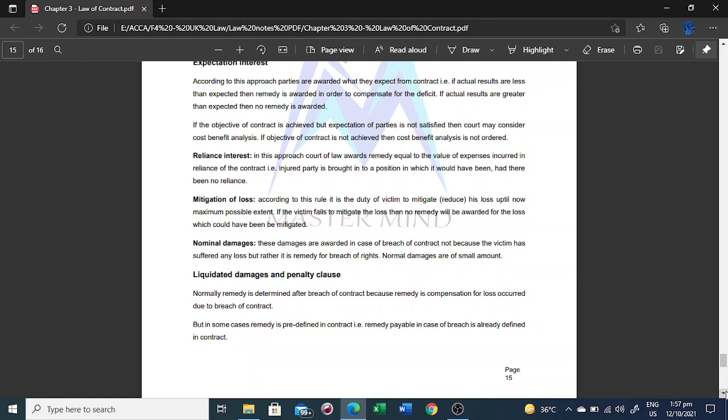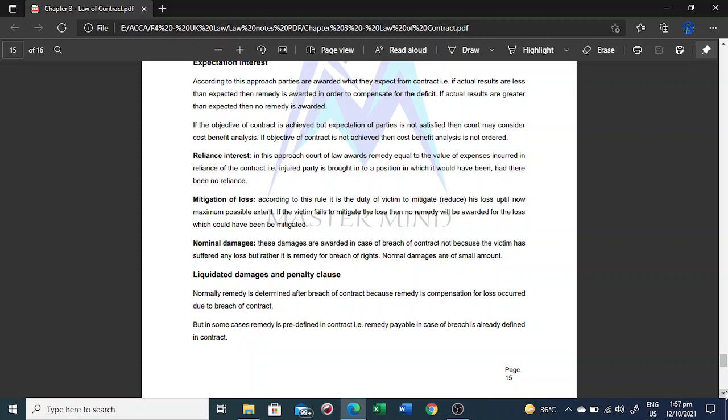If actual results are greater, then no remedy is going to be awarded. Now, if the objective of the contract is achieved but the expectation of the parties is still not satisfied, then the court may consider cost-benefit analysis. If the objective of the contract is not achieved, then cost-benefit analysis is not going to be ordered. Rather than that, the party has to give them the remedy.